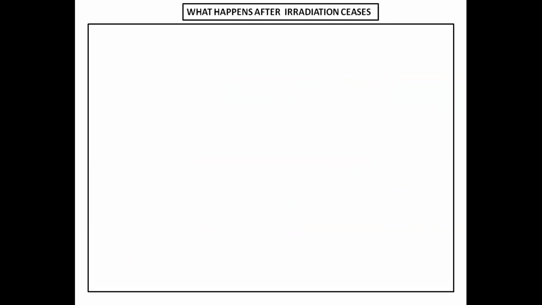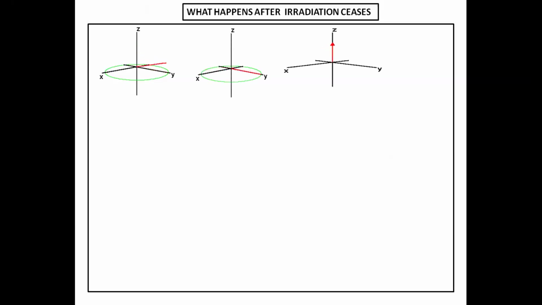Now, what happens after we stop irradiating the sample? We are not sending any pulse to the sample. Then what happens inside? When we stop the radio frequency pulse, the signal which we are getting starts to decay.